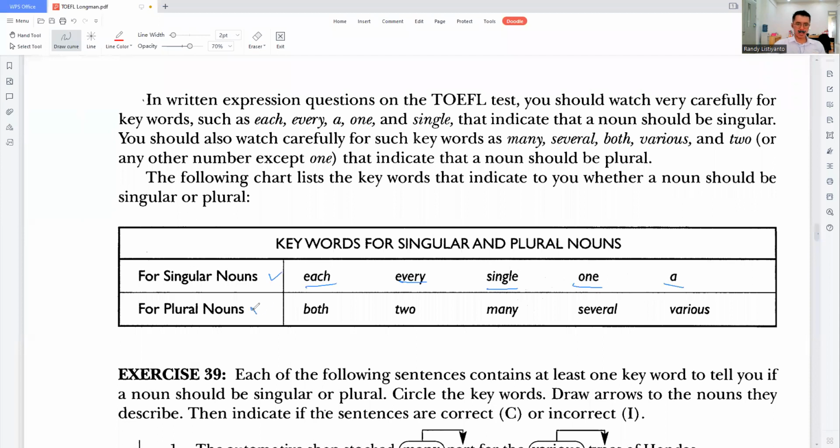And for plural nouns, we have both, two, three, or four, and so on and so forth. Many, several, and various. It means that if a noun follows these words, it should be singular or plural accordingly. Okay, it is very simple.